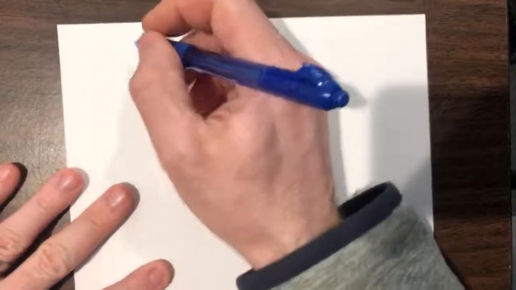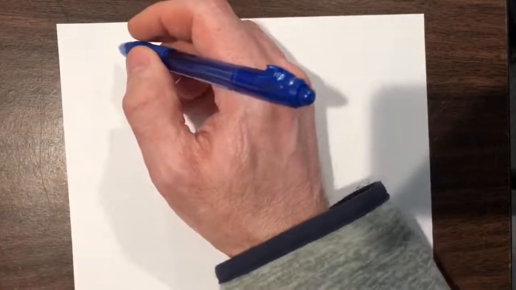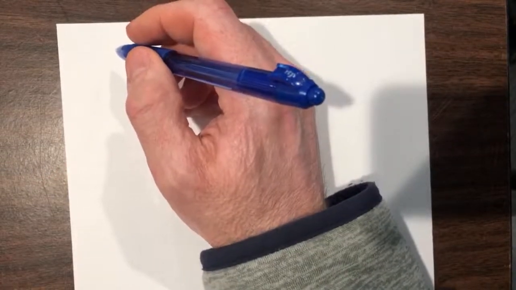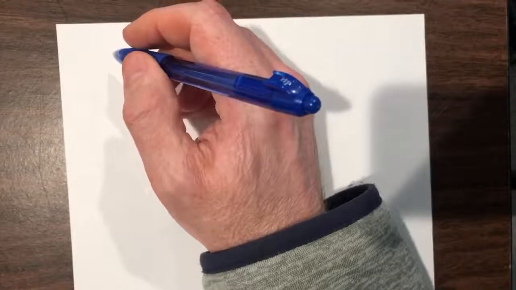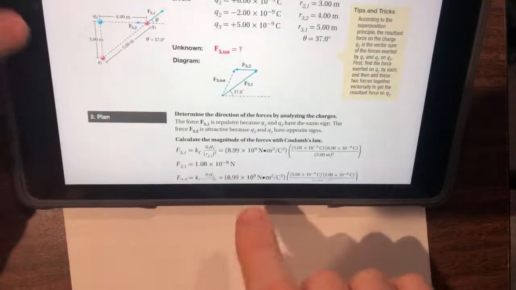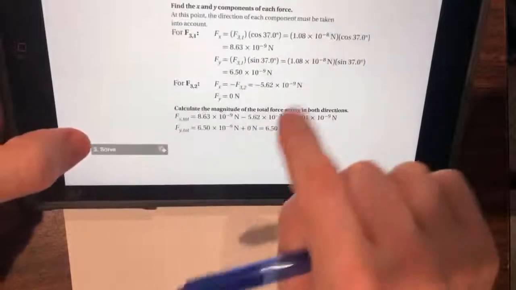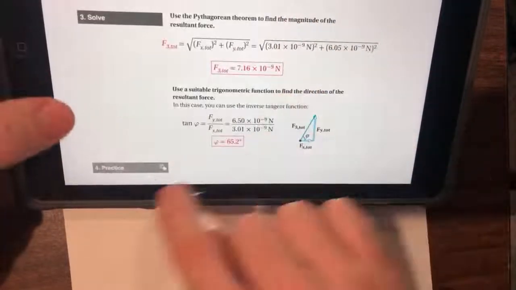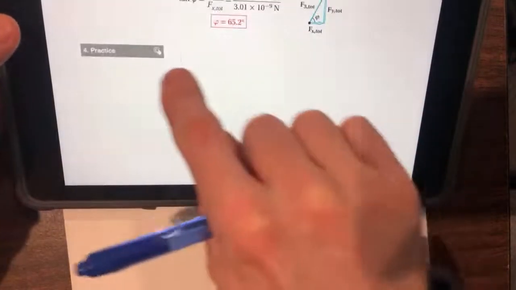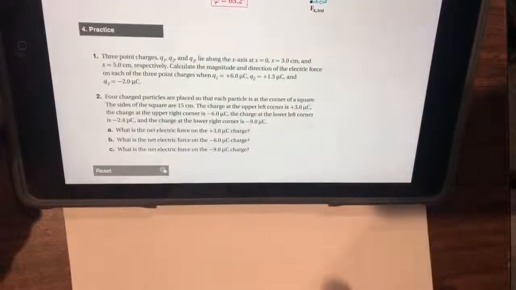What do we got? Just one page over, we're going to look at practice. All right, there we go.